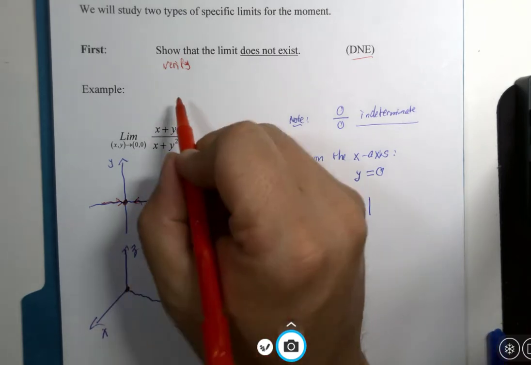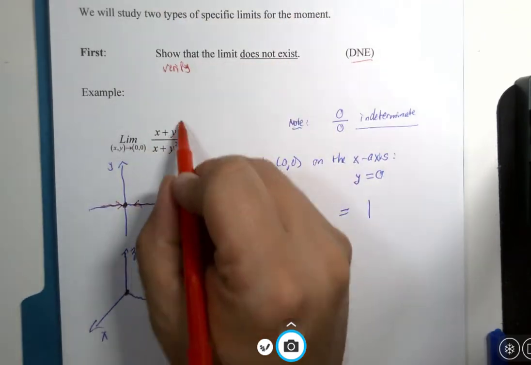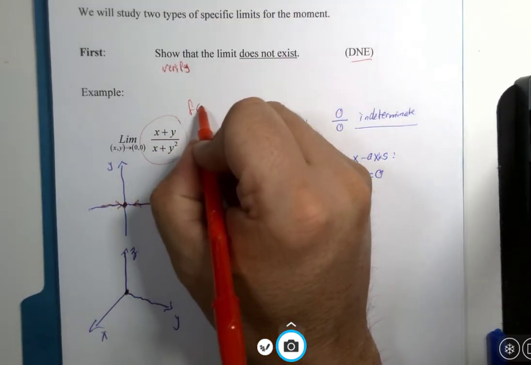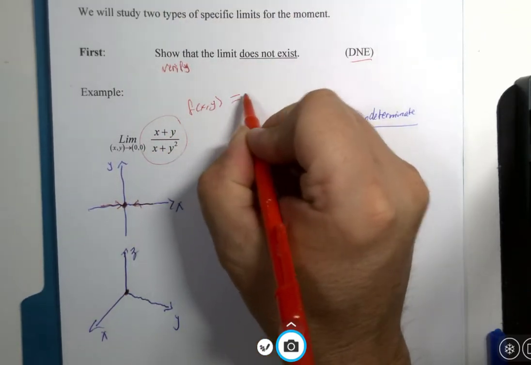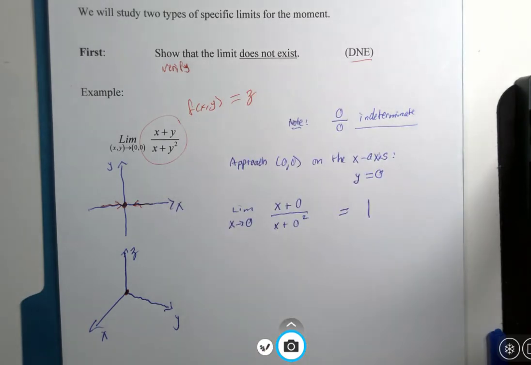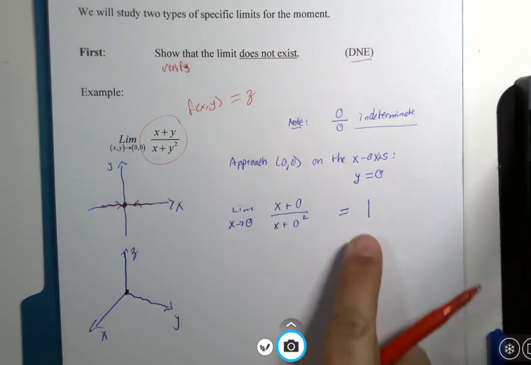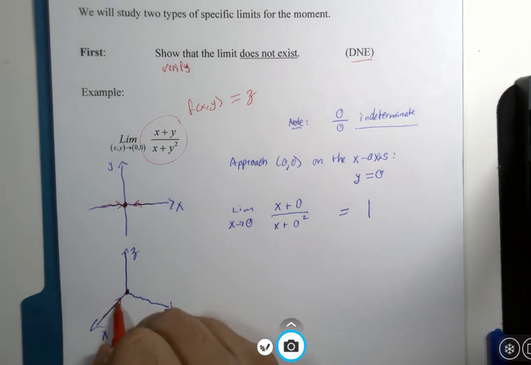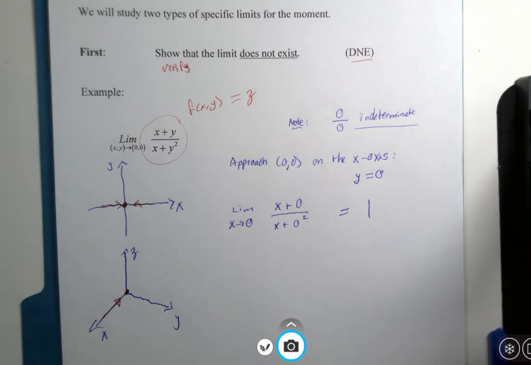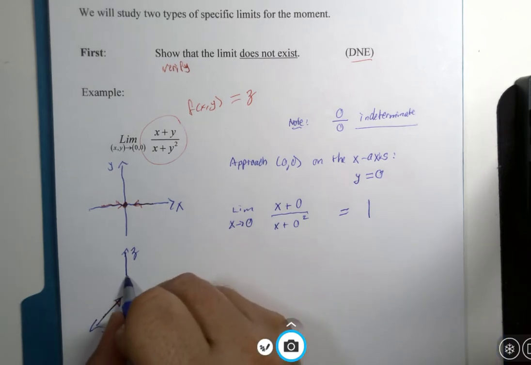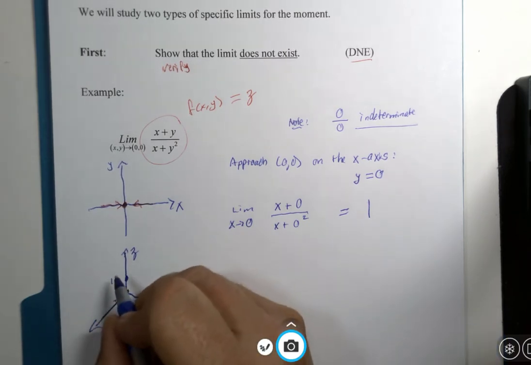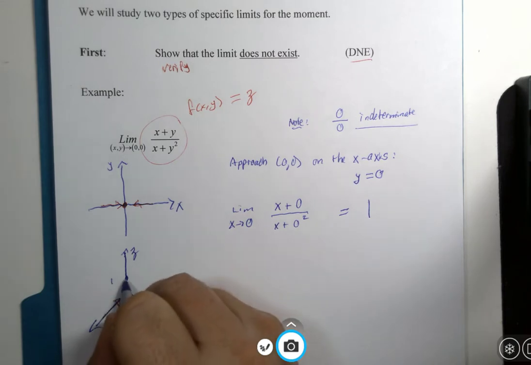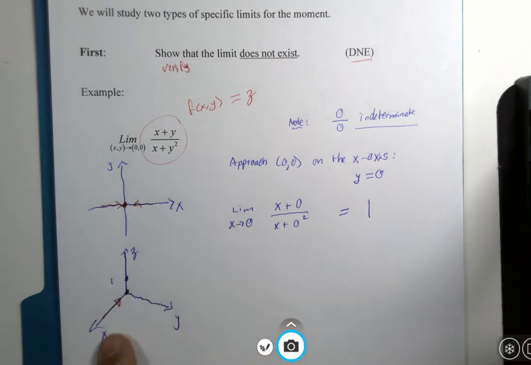But see, the function, this is f of x, y. That's another name for z. So what this means is if you approach the origin from the x-axis, your z value is getting closer to 1. So the graph must be approaching that z value from this direction.